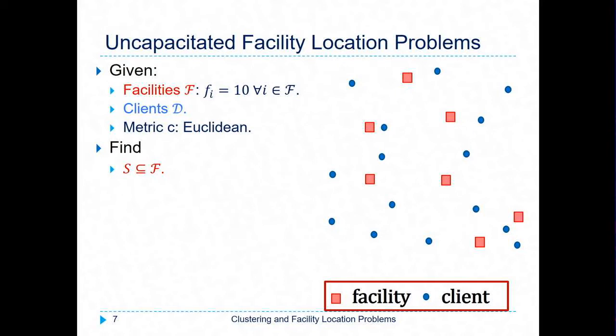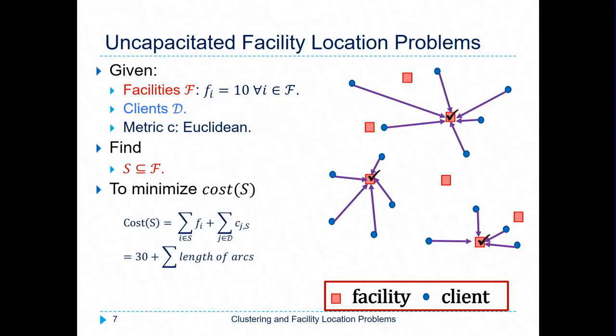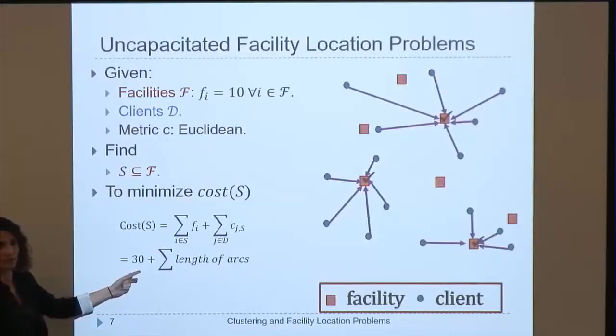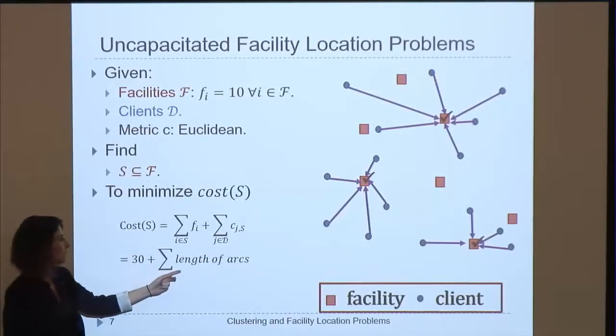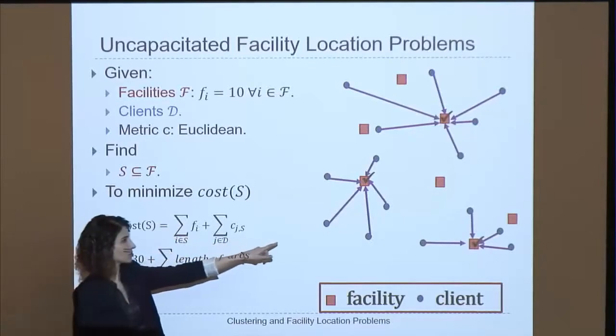For example, if we open these three facilities and assign each client to the closest facility, the cost for this set will be the facility opening cost plus the client assignment cost. We opened three facilities, so in total we are going to pay 30 for the facility opening costs. And since these are in Euclidean metrics, whatever distance is from a client to its facility will be added to the cost.